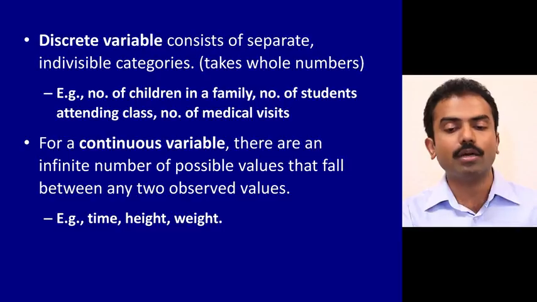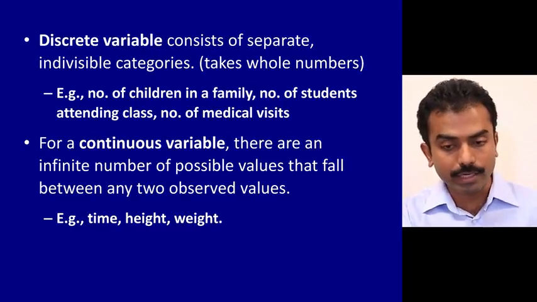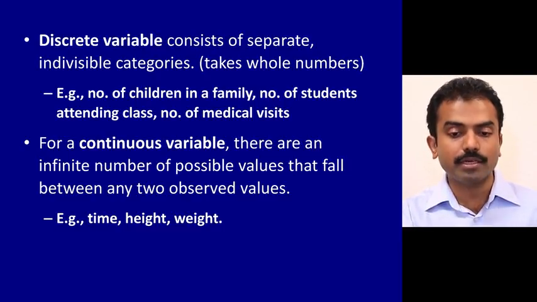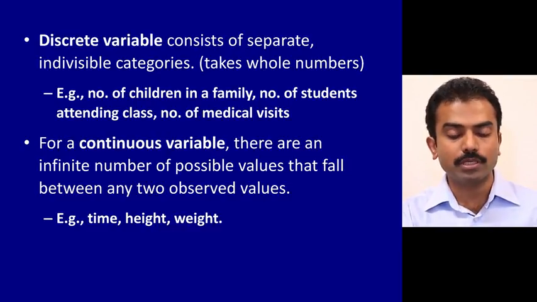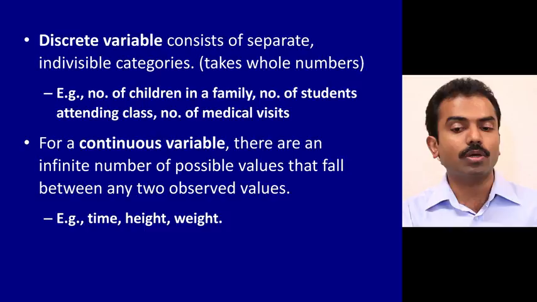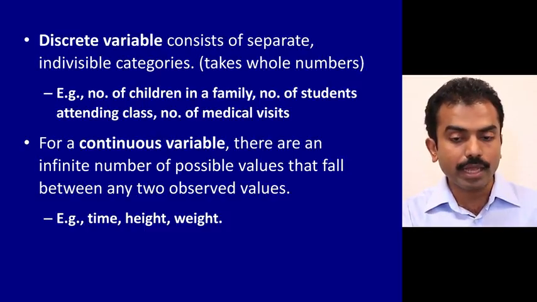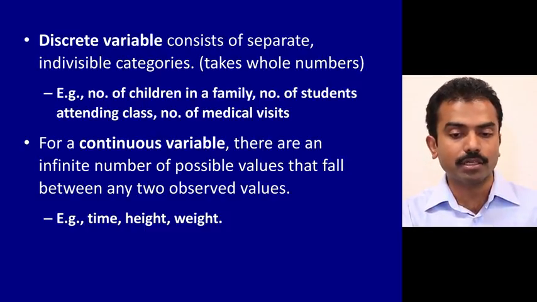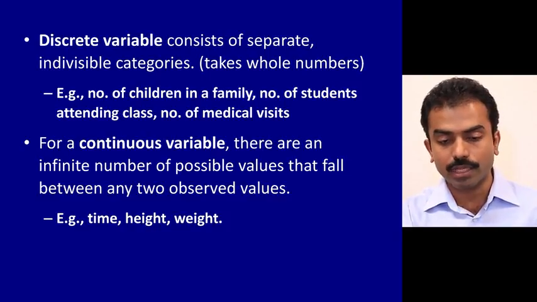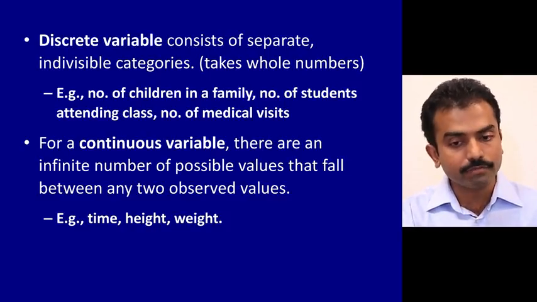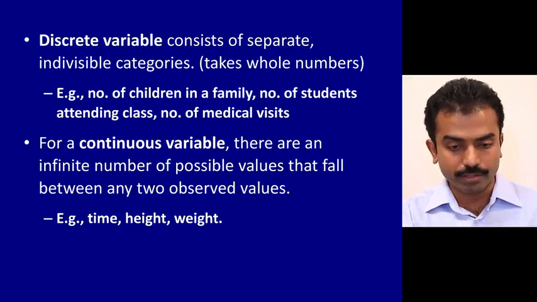It can't be a 1.5. Doesn't make any sense. Number of students attending a class. Again, whole numbers. It is numbers, but only whole numbers. It contains separate indivisible categories. Number of medical visits to a clinic, for example. That's another example of a quantitative variable, but discrete.